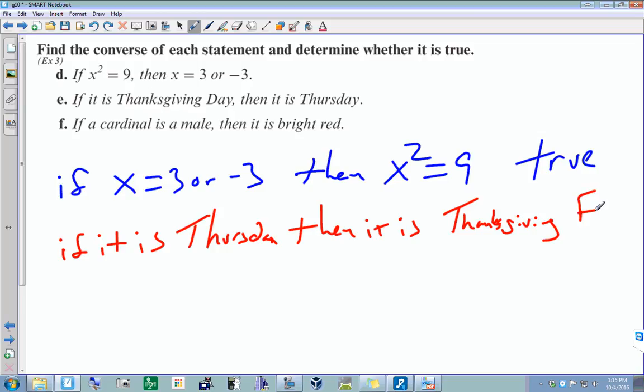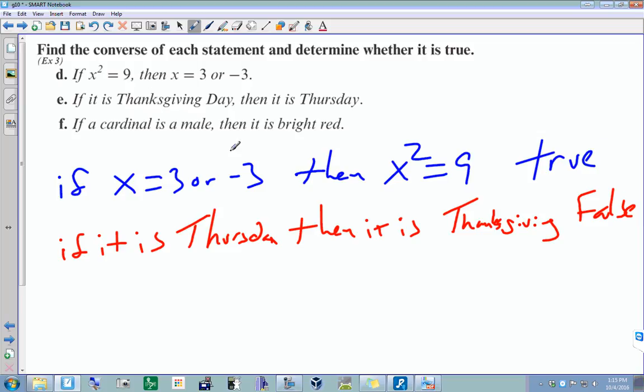This is false. So you mean Thanksgiving is going to be in 2 days? It's a Thursday. See, that's the catch. Yeah, Thanksgiving is going to be on a Thursday. This is true. But it's not every Thursday's Thanksgiving.